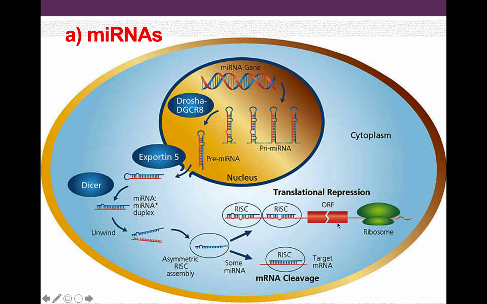So it will most of the time destabilize the mRNA by either cleaving or repression, and this is done when it binds to the 3' UTR. I think it's not shown here, but usually it has to bind to the 3' UTR, which is basically the one that is untranslated, and of course it will repress protein production because translation will be repressed.